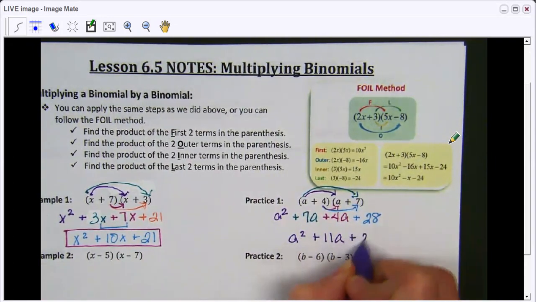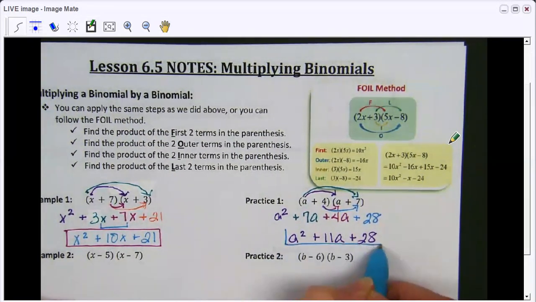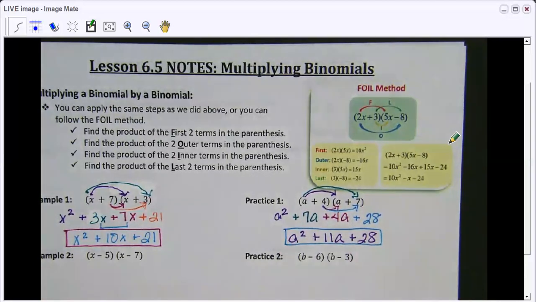Okay, I want you to go ahead and check your answer. Make sure you understand what's going on here. Any questions on how to do this?